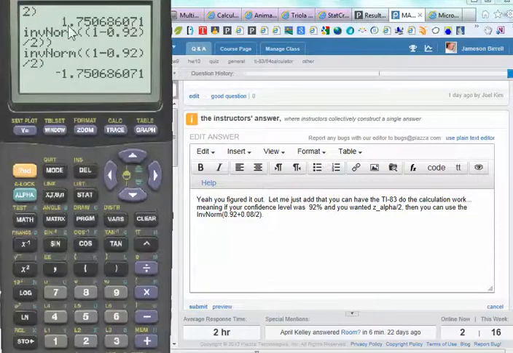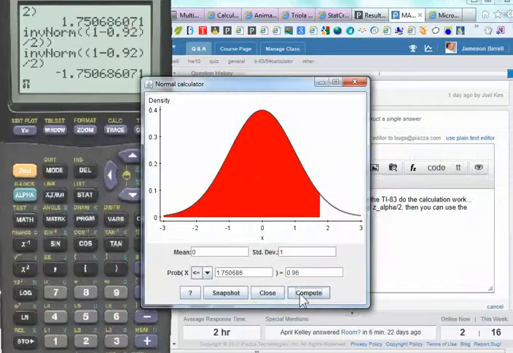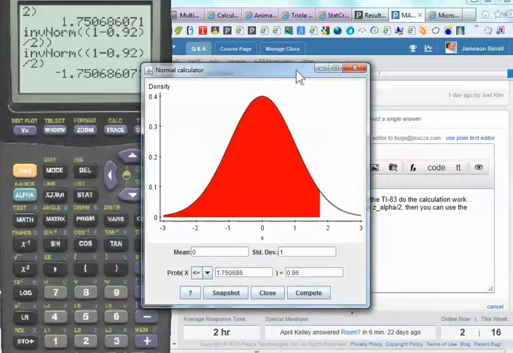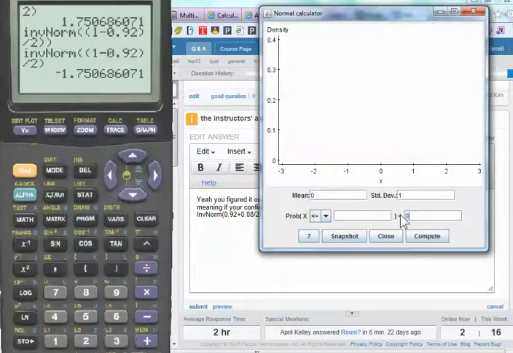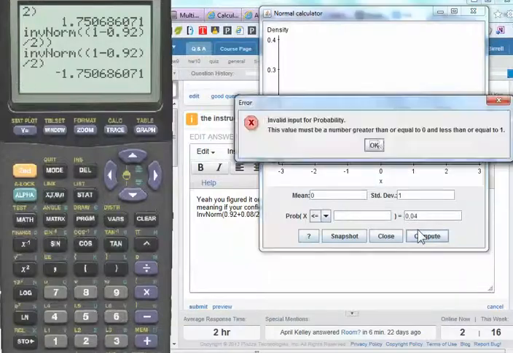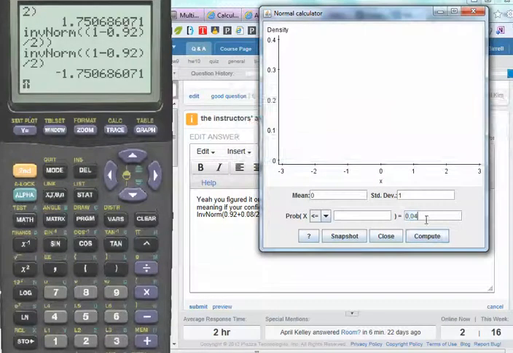See, here's the 1.7506. Let me get StatCrunch back up here so we can see that that's what we had. 1.7506. And the difference is just the fact that it's negative. I'm on the left tail. And watch what would have happened if I would have only put alpha over 2 in here. In other words, 4%. I'm having a great time on this video.